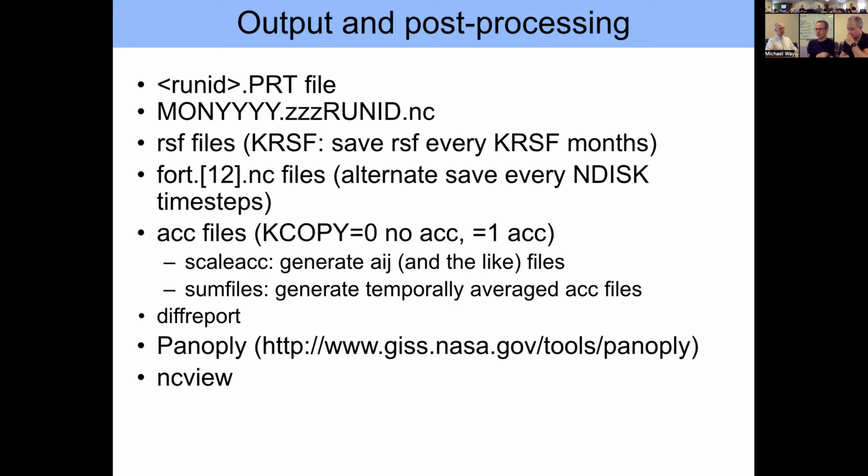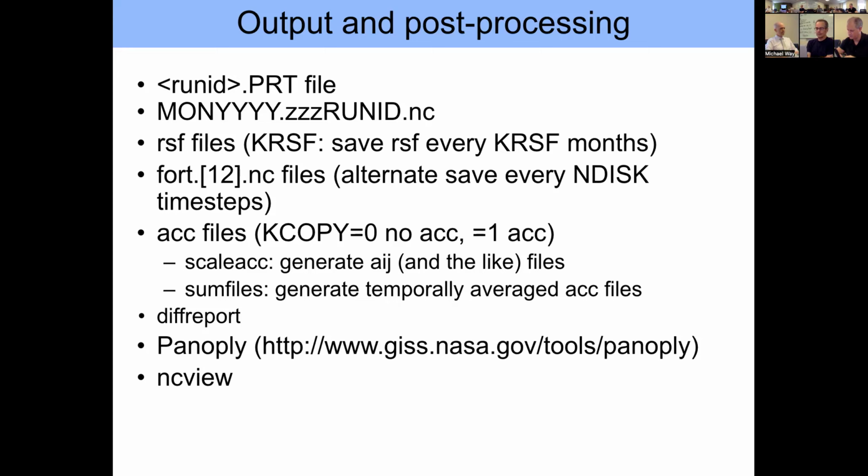We have a utility called scale ACC, which scales the accumulations based on what they need to be scaled for and creates all the means. When you run scale ACC, you convert the ACC file into more useful output that you can use directly for plotting.